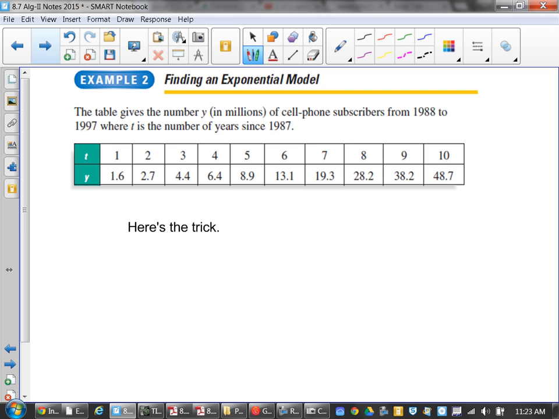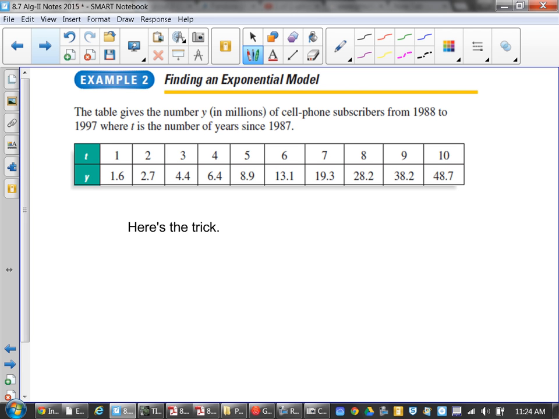Here's the trick. What happens now is that I want to take a table of information and show that it is exponential. We can plot it in our L1, L2s like we have been. But in order to prove that it's exponential, you have to do something.